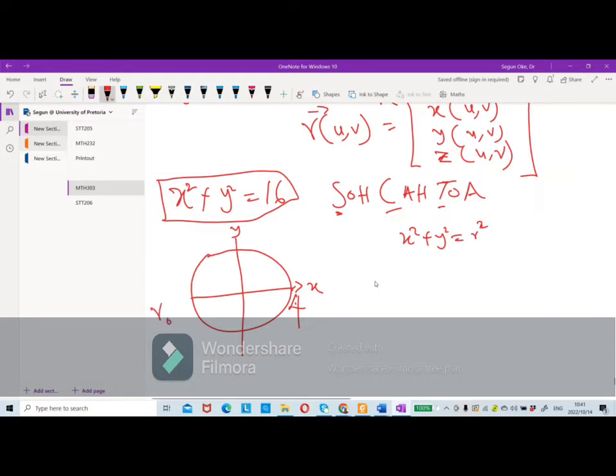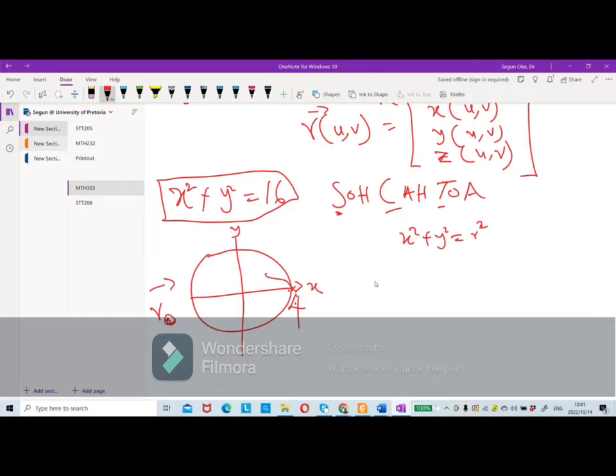So when they ask you to do r theta, what do you have? Where do we see cos theta, sin theta? How do we bring it out? I'm listening, Tayo. From the diagram, our hypotenuse will be 4, the opposite will be y, and the adjacent will be x.